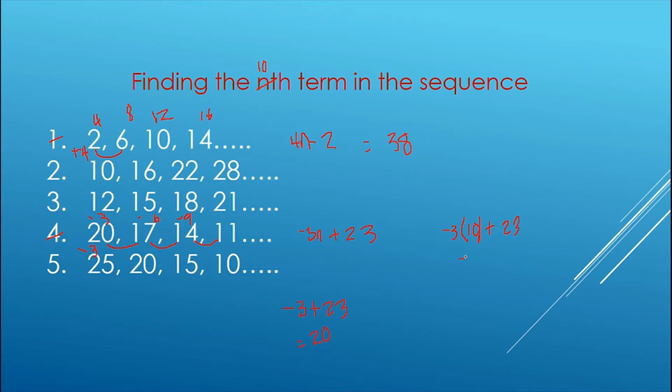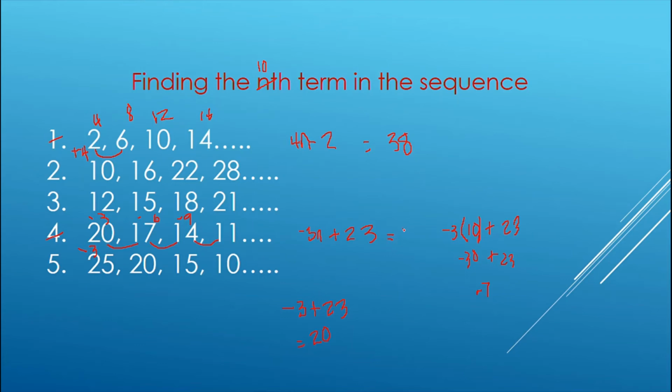So this one is negative 30. Negative 30 plus 23, unlike sign means subtraction. So 30 minus 23 is 7. Now what is the sign of 7? Which one is bigger, 30 or 23? 30. The sign of 30 is negative. So our answer here is negative 7. So the 10th term in this sequence is negative 7.